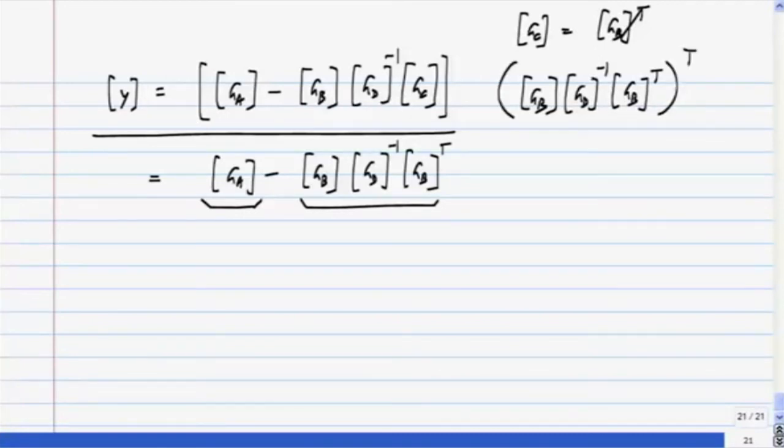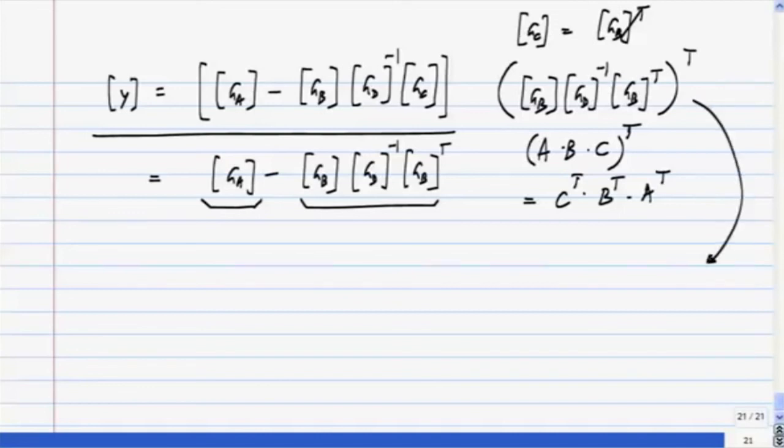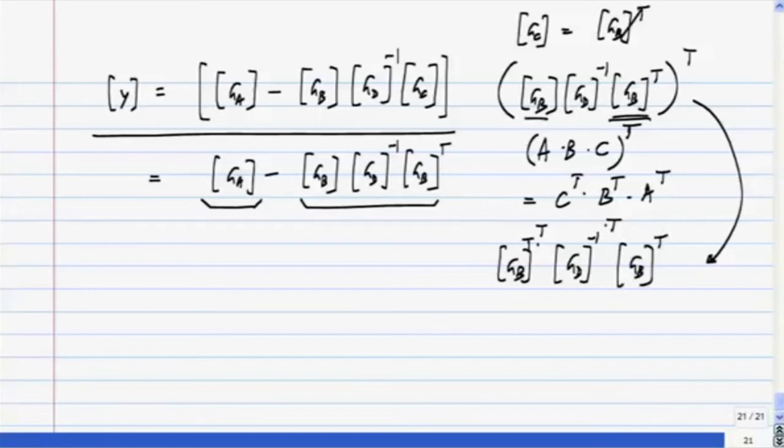What will you get? If you have three matrices A, B, C, then (ABC) transpose is C transpose times B transpose times A transpose. So if you transpose this, what you will get is GB transpose transpose, that is corresponding to this one, times GD inverse transposed, and finally GB transpose. This comes from here.